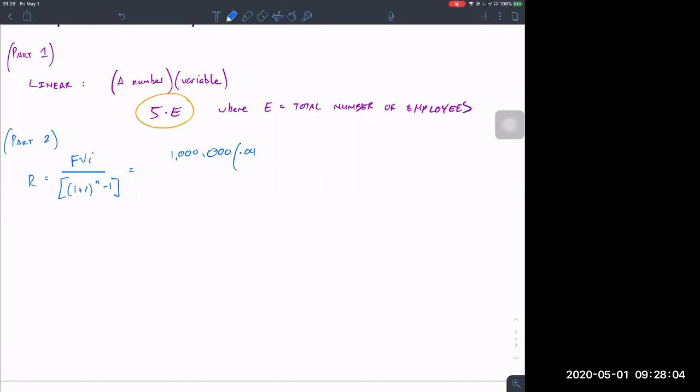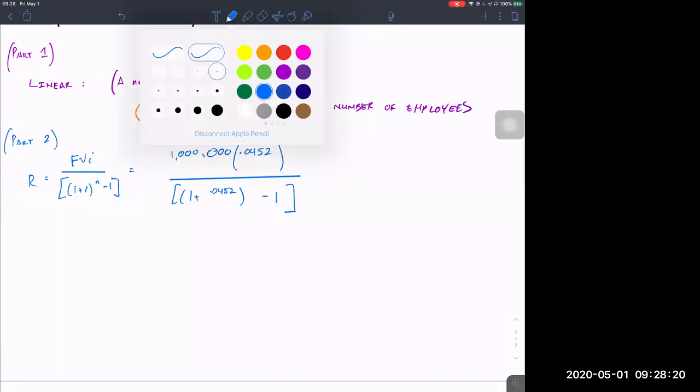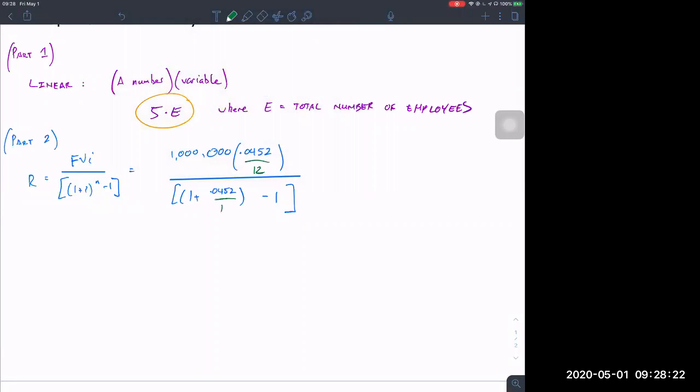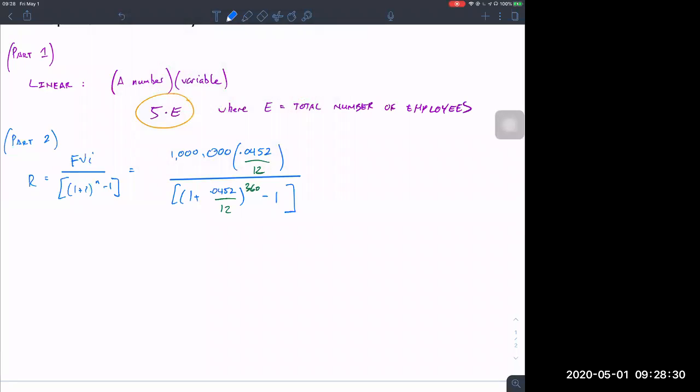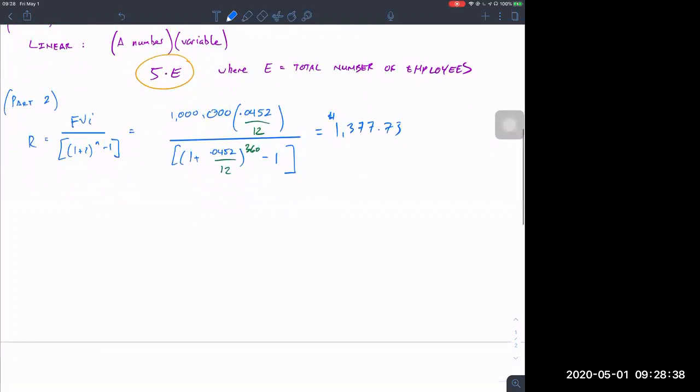So 0.0452, double parentheses, 1 plus 0.0452, minus 1, close. So again, these are all compounded monthly, n is 360. And then that's equal to 137,773.